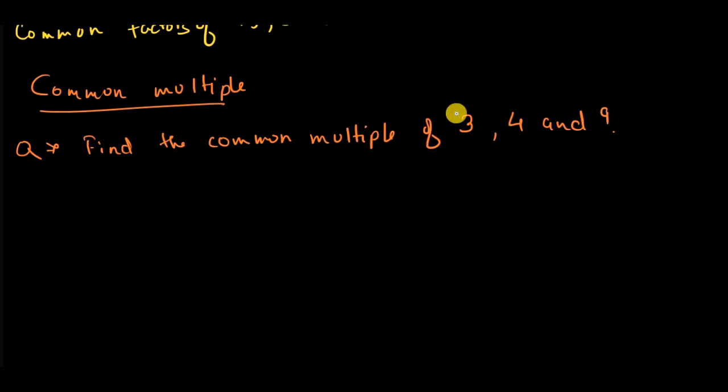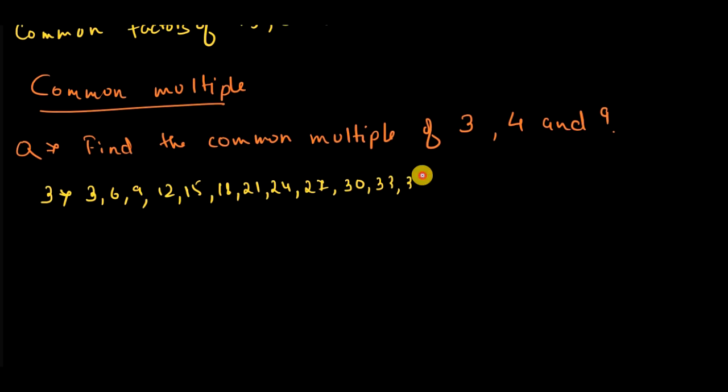We already know what a multiple is. If we are asked to find multiples of 3, it will be the multiples of 3: 3 times 1 is 3, 3 times 2 is 6, 9, and so on. I'll just write it down here. The multiples of 3 will be 3, 6, 9, 12, 15, 18, 21, 24, 27, 30, 33, 36.